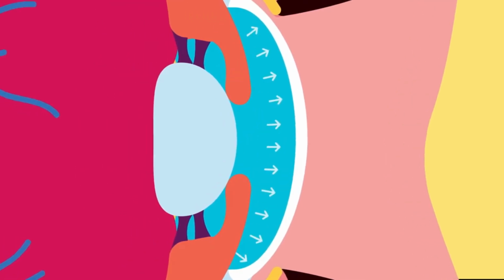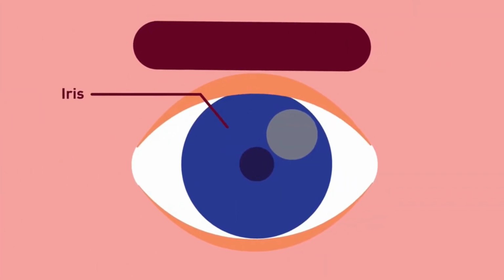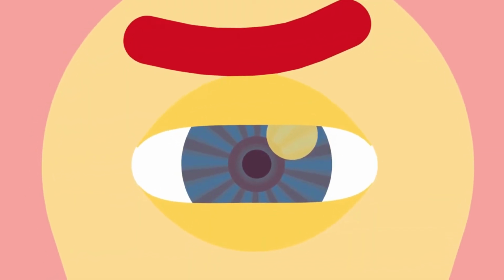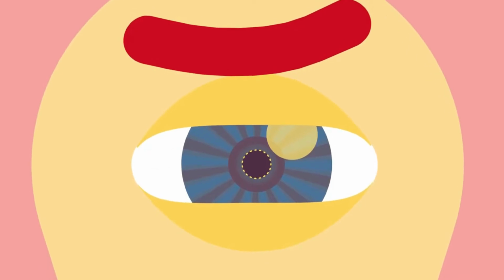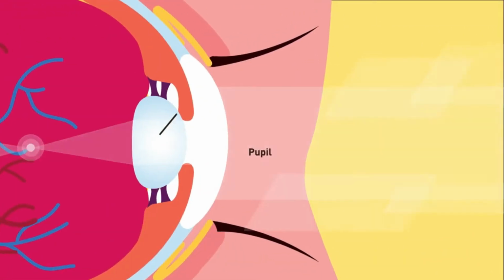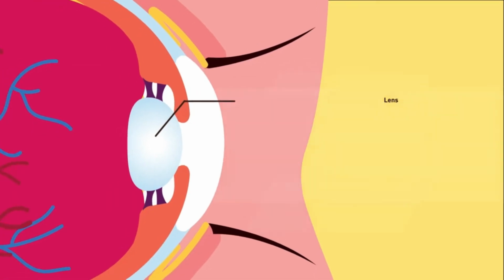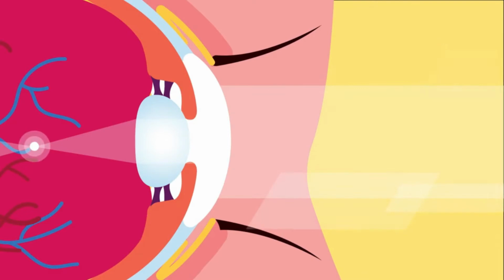Secondly, it refracts light and maintains shape of the eyeball. Iris is pigmented with color and has radial and circular muscles that regulate the amount of light entering the eye. The round hole at the center of the iris, through which light enters, is called a pupil. The lens is soft, transparent, and elastic in nature. It helps to focus light onto the retina.